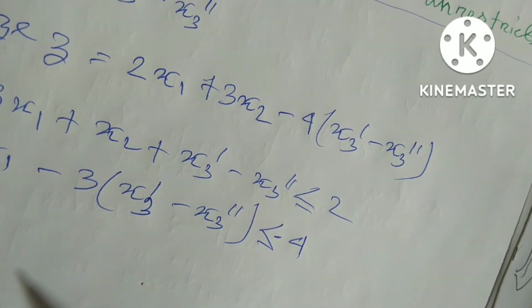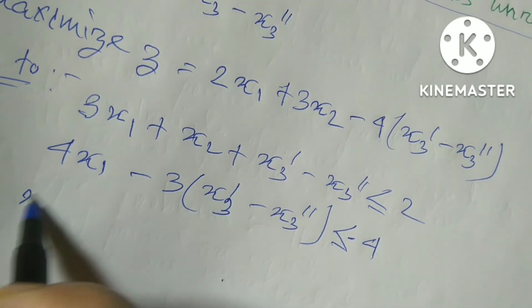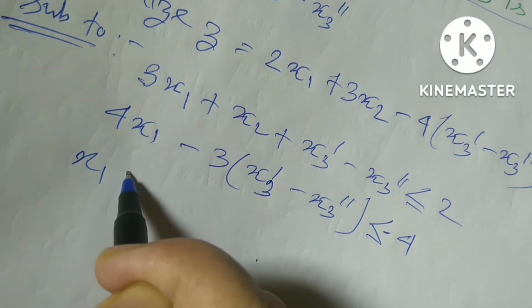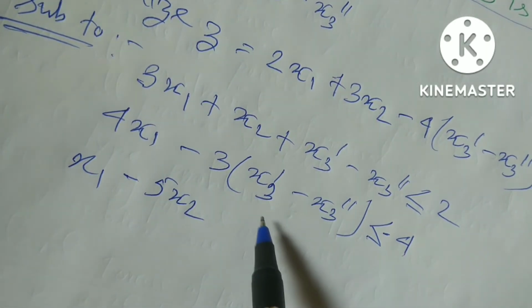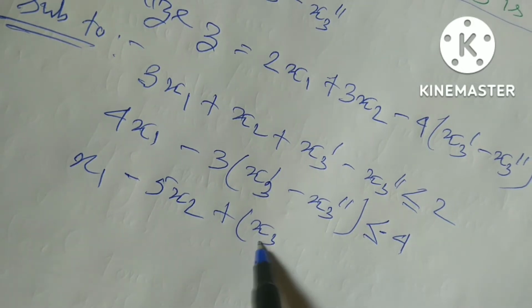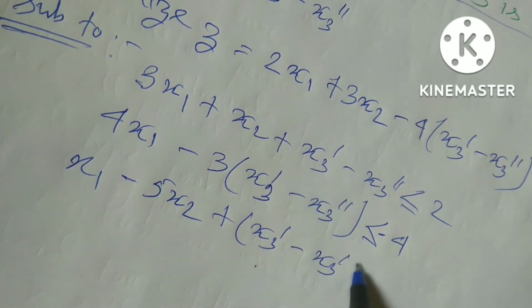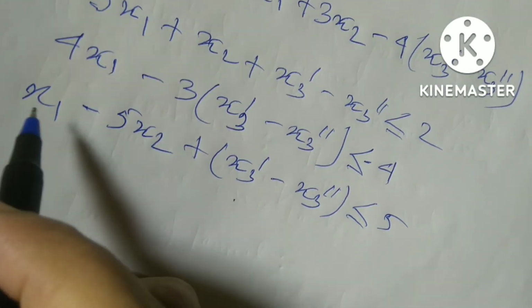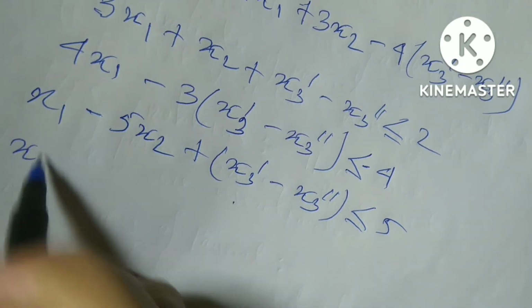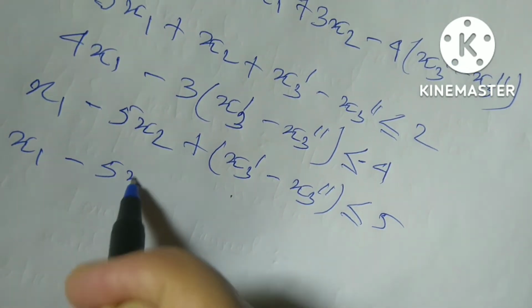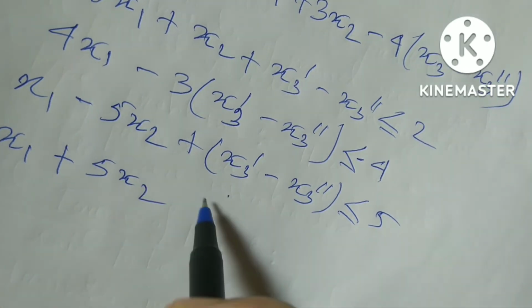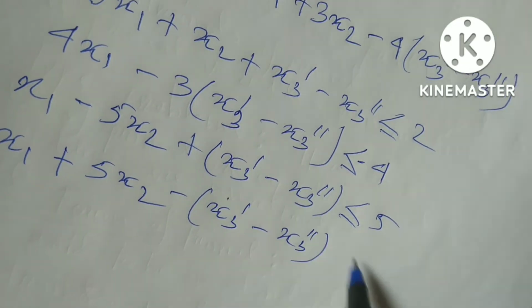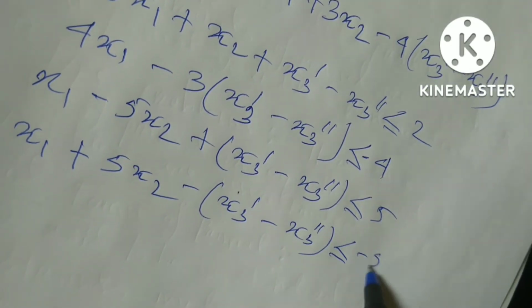And then x1 - 5x2 + x3' - x3'' ≤ 5, and -x1 + 5x2 - x3' + x3'' ≤ -5.